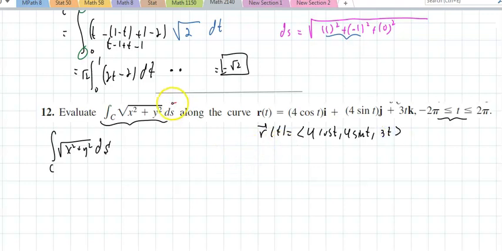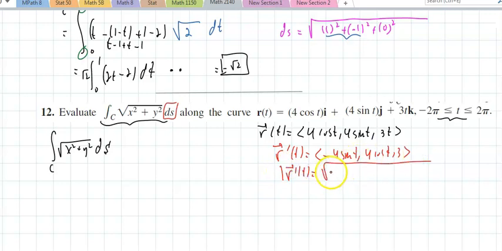To find ds, I need to find the magnitude of v of t, which is r prime. That's negative 4 sine of t, 4 cosine of t, and a 3. So the magnitude of r prime of t is the square root of negative 4 sine of t squared plus 4 cosine of t squared plus 3 squared.